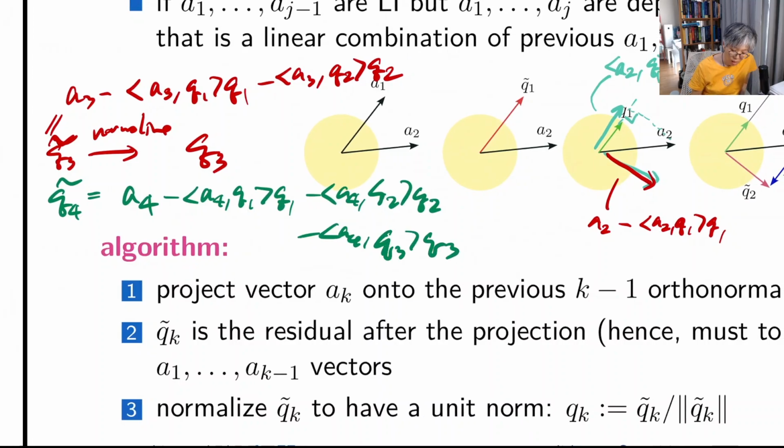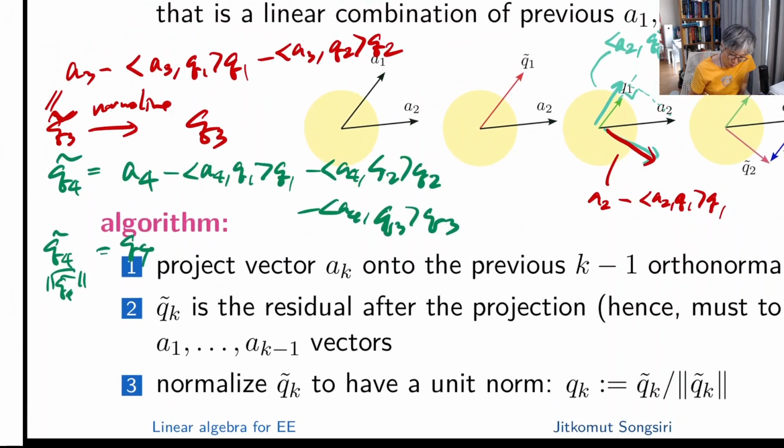This is the residual after the projection onto the previous vectors. Once you get q4 tilde, you normalize it, so it becomes q4, until all the input vectors are processed. If you found that one of the qk tilde is 0, what does it mean?